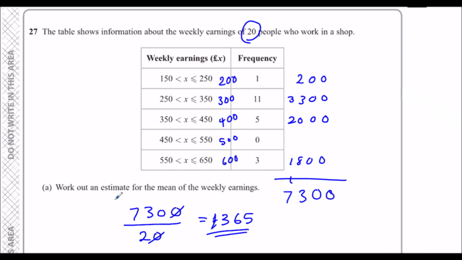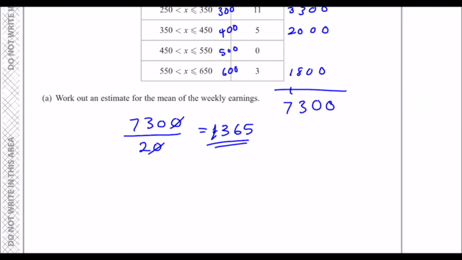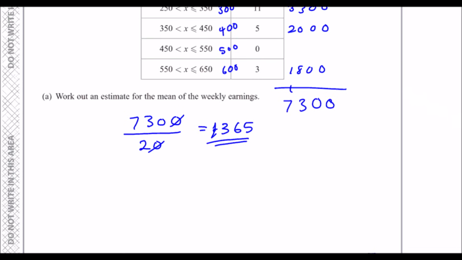So the reason we wouldn't use the mean is because it is influenced by extreme values. If a few people are earning a lot of money, it's going to drag up the mean. It's going to drag up the average. So because of these 3 people, we could say they're outliers, extreme values, and they will affect the mean and not make it suitable.